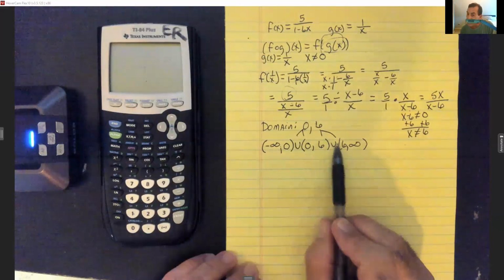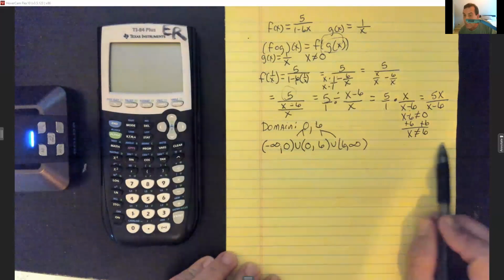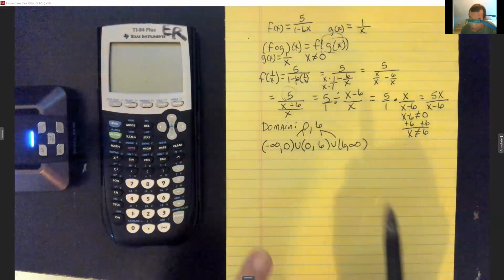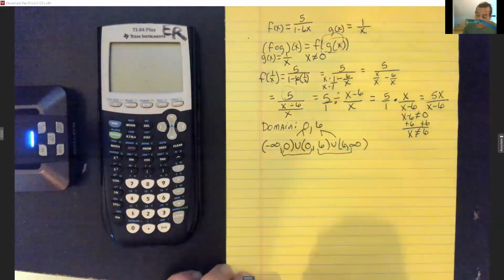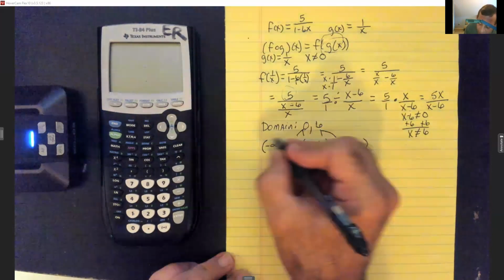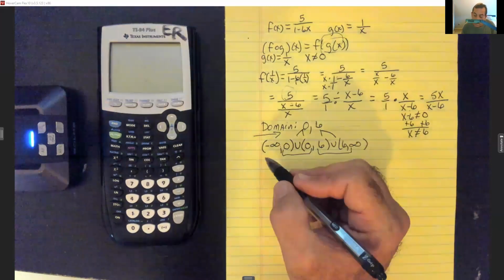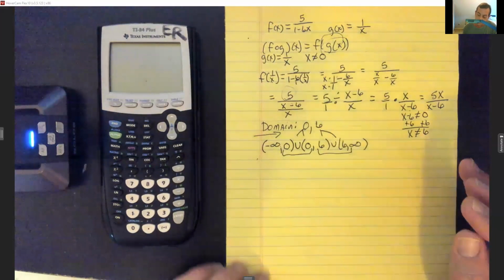And then from the 6, I can go through every number towards positive infinity, and they work. So to kick out a number in interval notation, we use a union, okay? And you always go left to right on a domain. It's always going to start at negative infinity and then head off towards positive infinity.